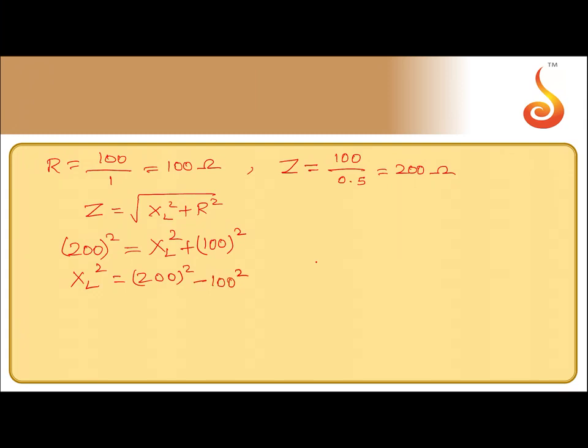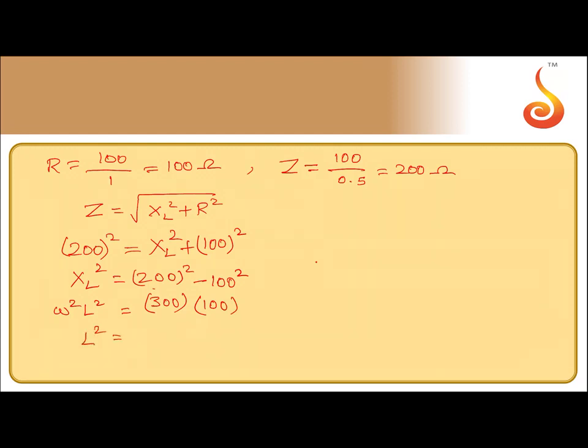So XL is what? Omega into L. So it should be omega square L square is equal to, see, this is A square minus B square, A plus B into A minus B. A plus B will be 200 plus 100, that is 300. A minus B will be 100.